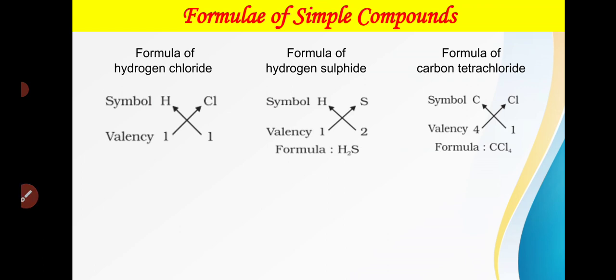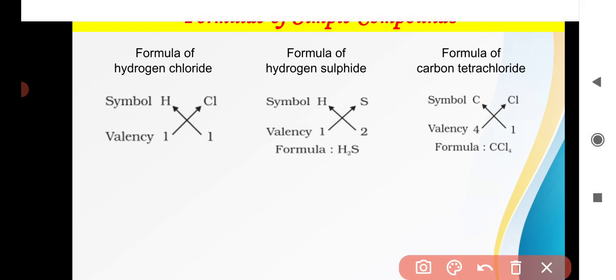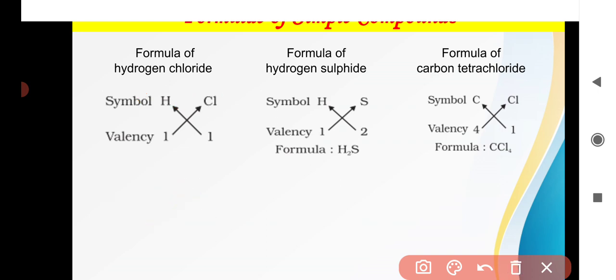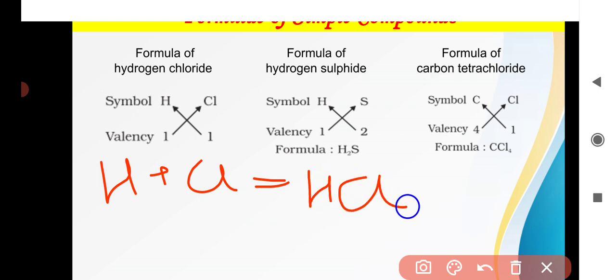Let us take an example of how we can write simple formulae for chemical combinations. Here hydrogen is combined with chlorine and the ratio of both is 1 to 1, so it is written as HCl. Are you getting this? We have combined one atom of hydrogen with one atom of chlorine, and it forms HCl, hydrogen chloride.